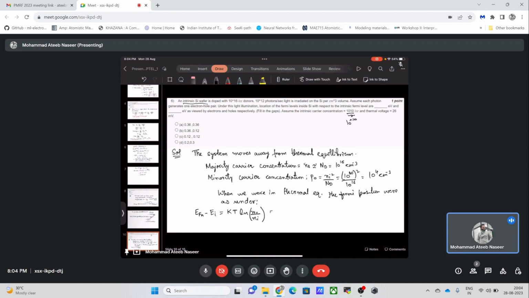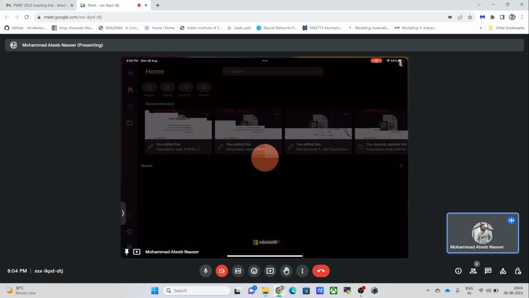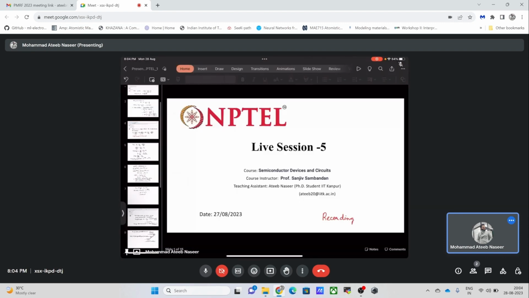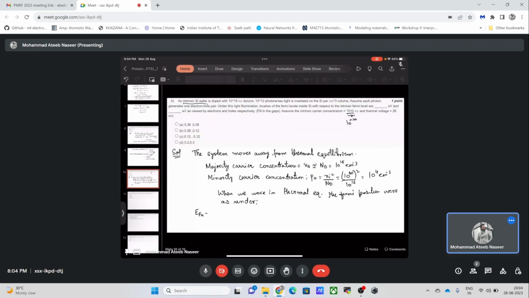So EFN minus EI is simply KT ln of N naught by Ni. We know KT is the thermal voltage, and we have been given this value to be 26 millivolts. You can see it over here.